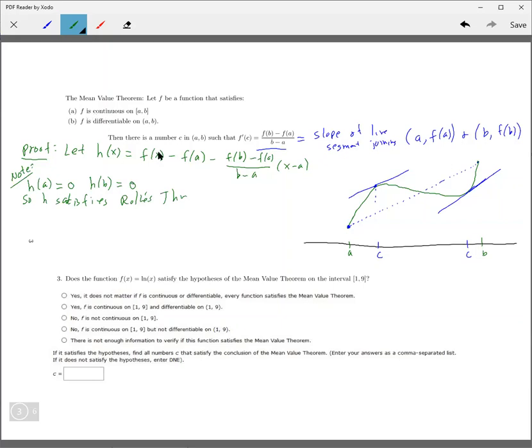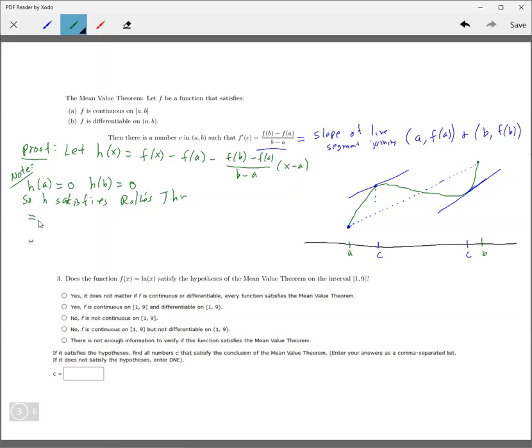Okay, it's going to satisfy these other two conditions just because this is a first degree polynomial, and then this function satisfies that, and that's just a constant. So h is going to satisfy those two conditions. Plus, they're equal to each other. So it satisfies Rolle's theorem.